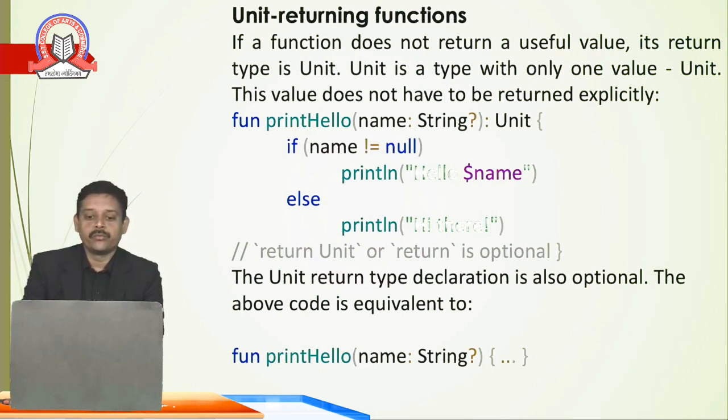And if we have created some line of code, like if name is not equal to null, then it will print hello followed with the name. If we haven't given any value, then it will print hi there. So this hi there will be unwritten, or it will return a unit value.